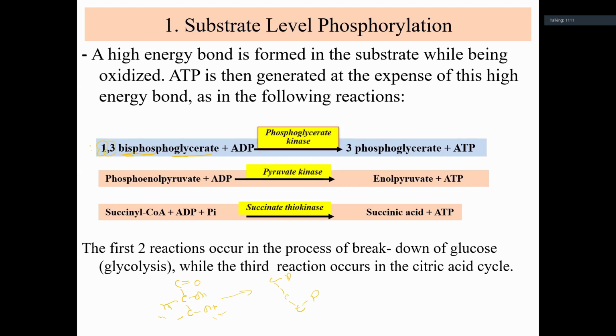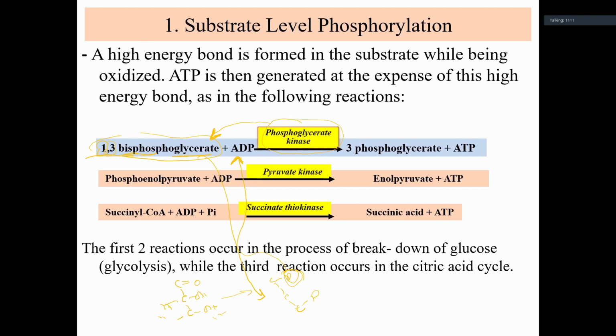So this will be 1,3 bisphosphoglycerate. Is this clear? Yes, clear. This enzyme, phosphoglycerate kinase, will act on it, remove the phosphate from position number 1, and add this phosphate to ADP.